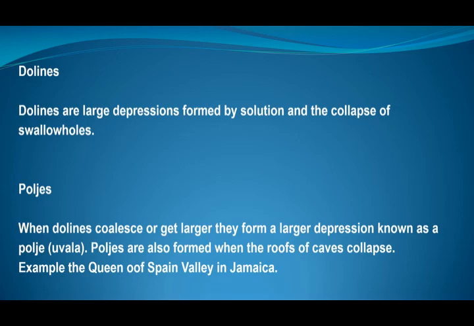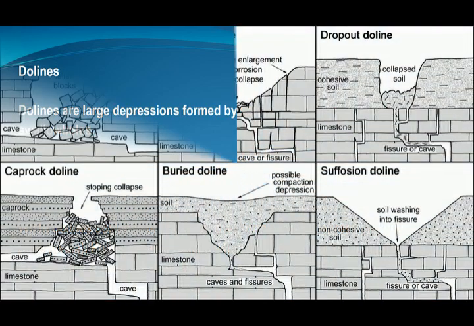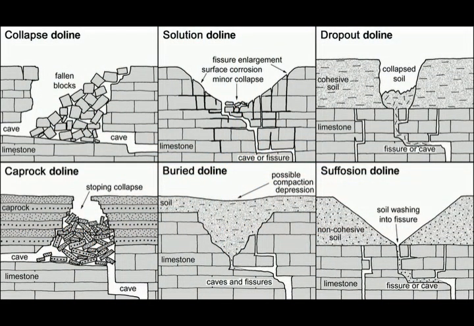I'm going to show you something here. All right, so this diagram shows you the various ways by which dolines are formed. Here we have the roof of a cave collapsing. A doline can also be formed where the fissure, that is also where the rocks collapse, along the surface here due to corrosion.